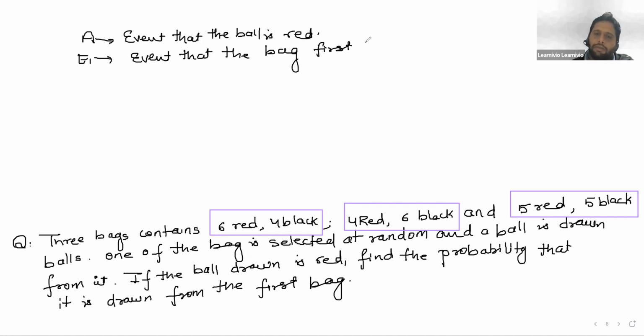Next, what are they asking us? If the ball drawn is red, find the probability that it is drawn from the first bag. So that means they are asking us to find E1, and A is given, that the ball is red. Is it clear, Nabil?